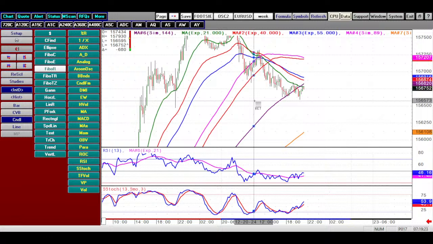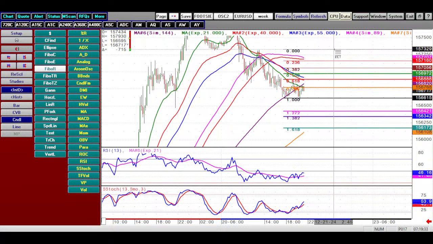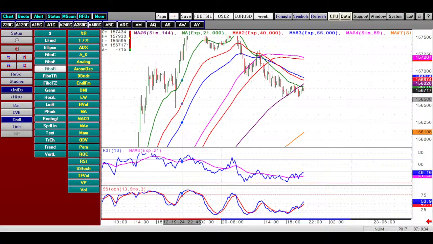So on the other hand, we have not seen the low yet. So we may see the price heading towards, your current day low is 156.60 and it is trading near the low. So if it breaks, then I think we should see the price moving towards 156.25 or 30, the minimum.